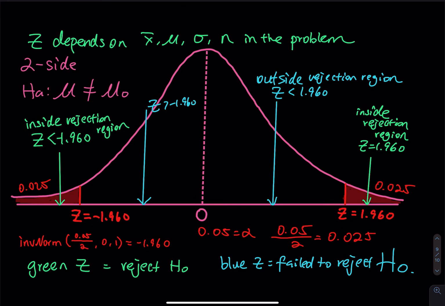You always get a negative from the calculator because the calculator assumes the area is on the left. Because of the symmetrical property, we have a negative on the left, positive on the right, 0 right in the middle. And then what if you get a green Z? The green Z is inside the rejection region, either less than negative 1.960 or greater than positive 1.960, depending on the problem.